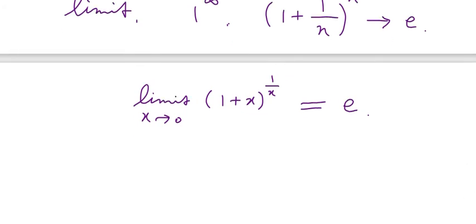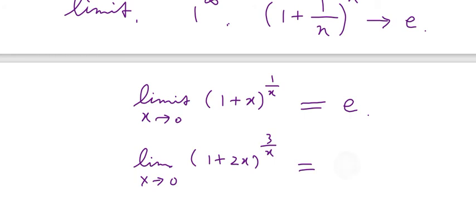So then how about this one? Let's say the limit as x goes to 0 of 1 plus 2x to the 3 over x. It isn't an exact match, so we adjust a little bit. This is also 1 to the infinite power, so we have to use the formula 1 plus x.